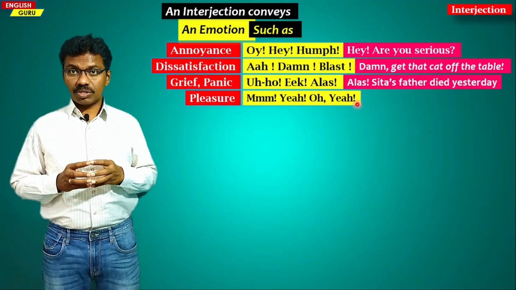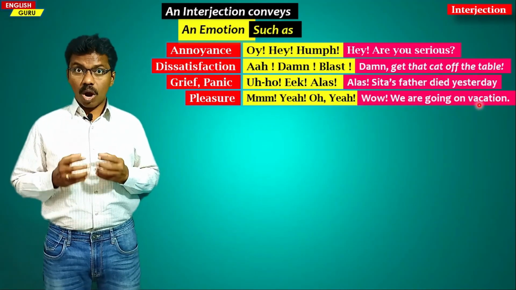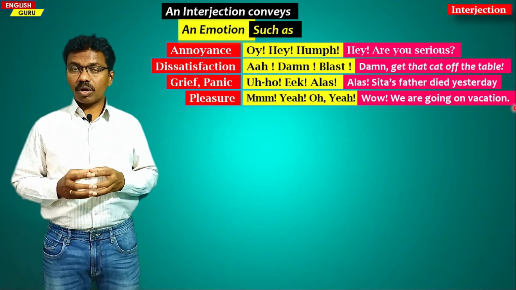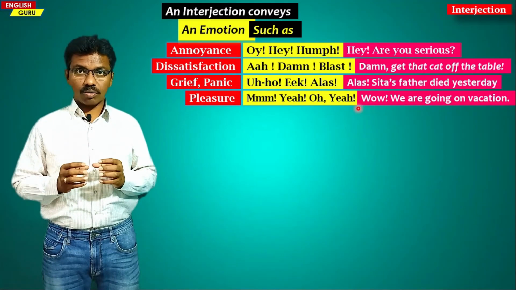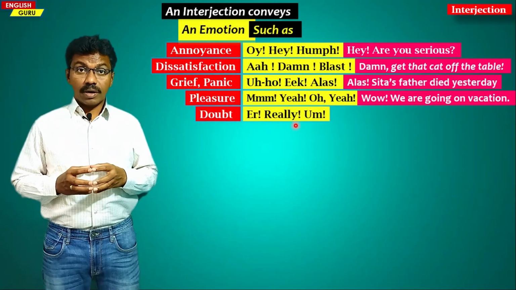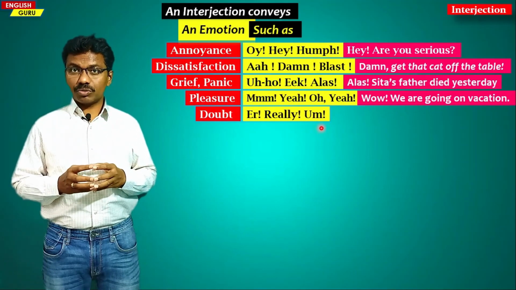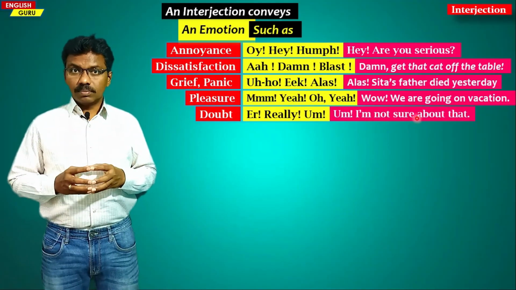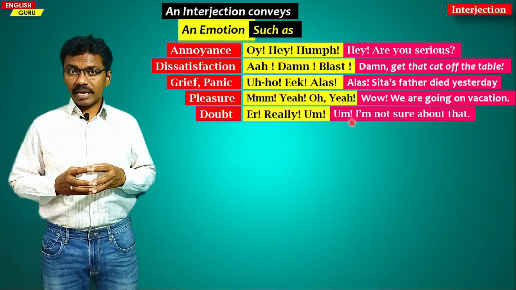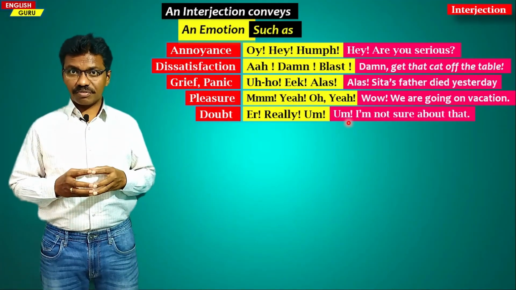These sounds we use as pleasure interjections. For example, "Wow, we are going on a vacation." Wow is an interjection of pleasure. The next one is doubt. "Really?" So these sounds we use to express doubt, that I am not sure about that. So "really" is an interjection of doubt.